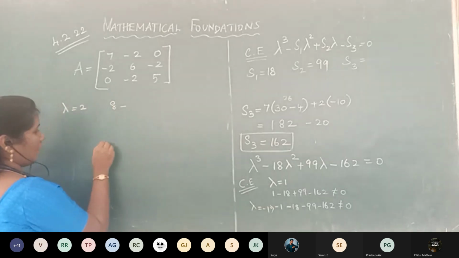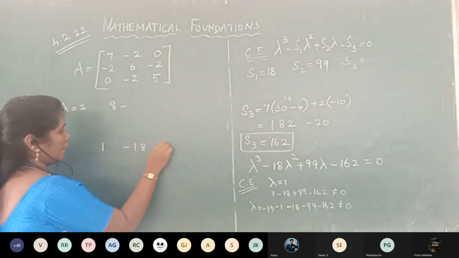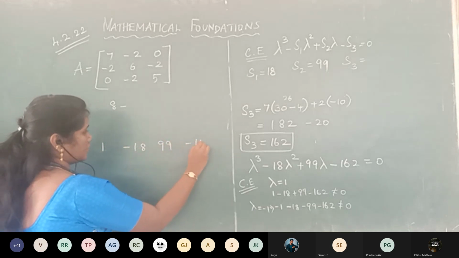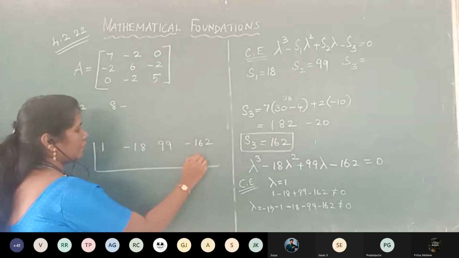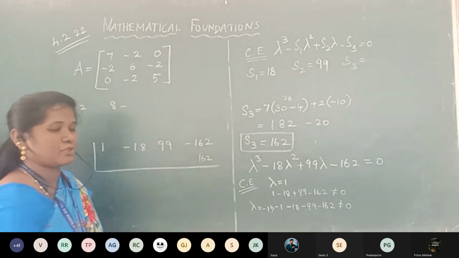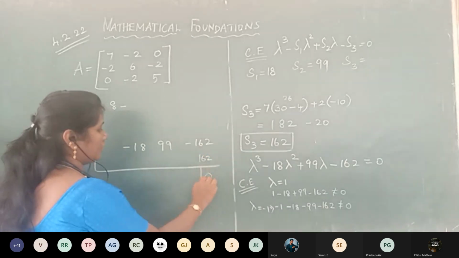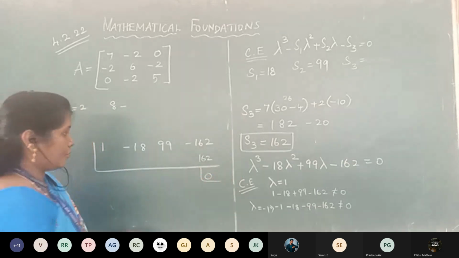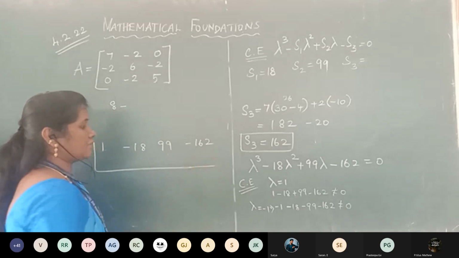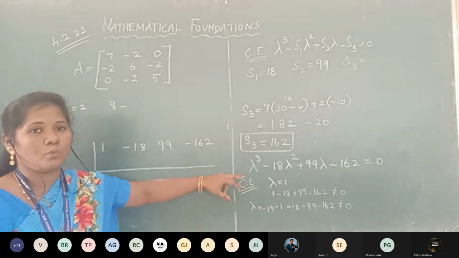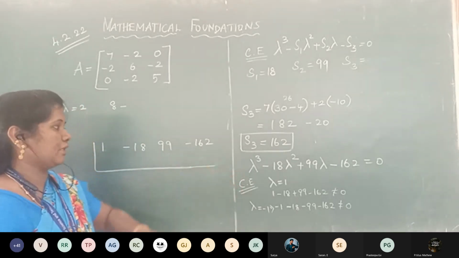You will take your coefficients here: 1, minus 18, 99 and minus 162. Your prime idea is to make the last value, 162, cancel and make it 0. So when you substitute the values for lambda, it has to satisfy.